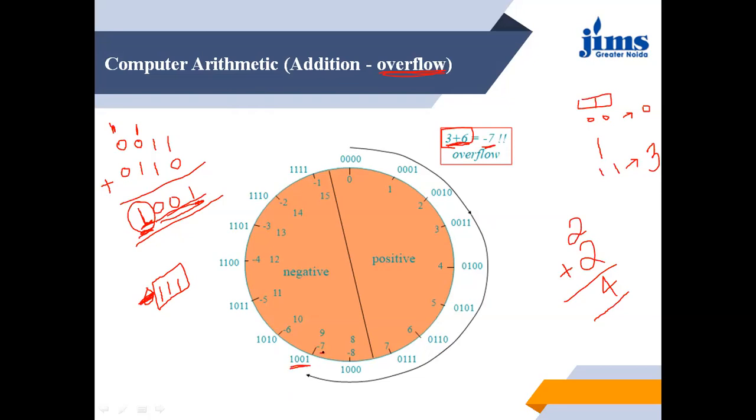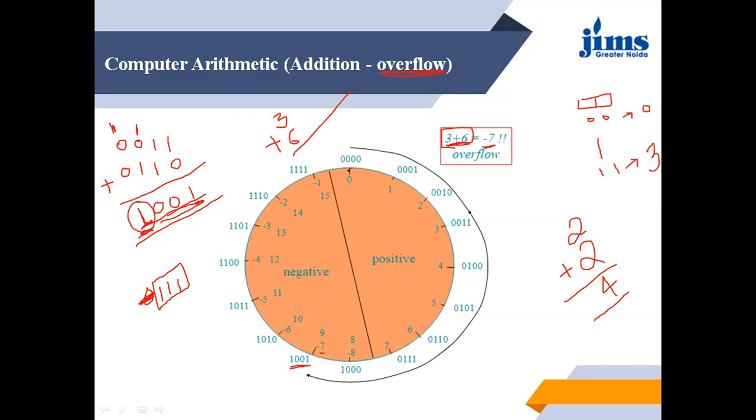And in a simple way, as I told you, when we have to add two positive numbers, then we have to follow the graph in the right hand side. Means when I have to add 3 with plus 6, both the numbers we have to add in the positive direction.